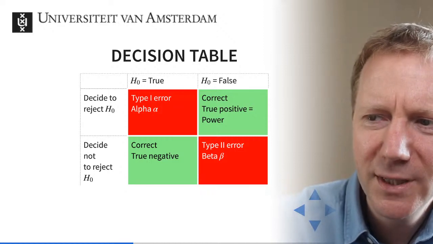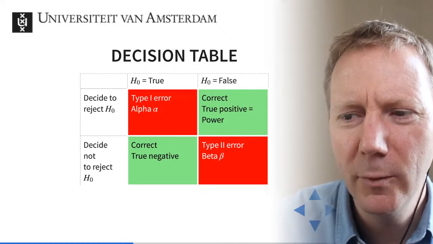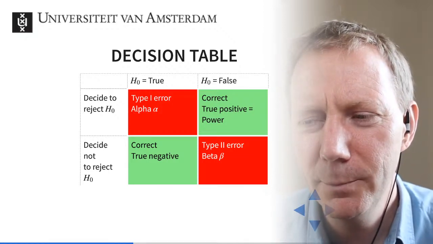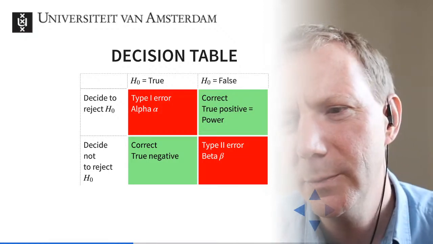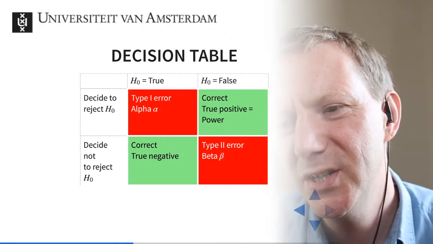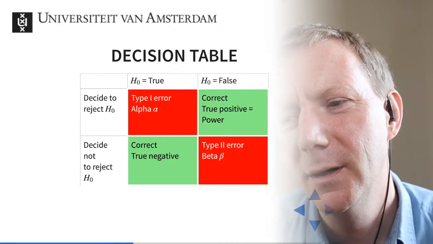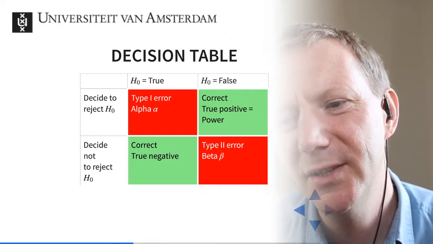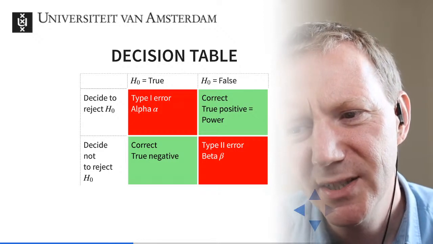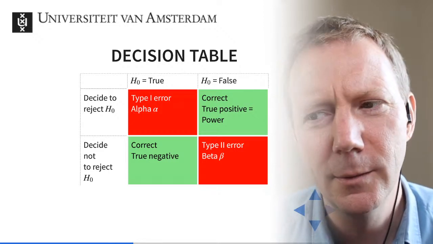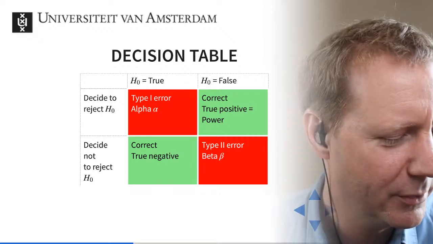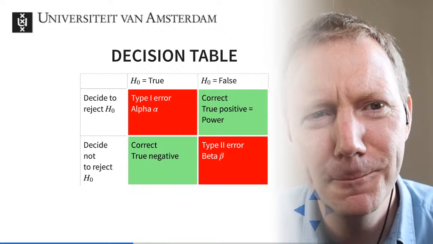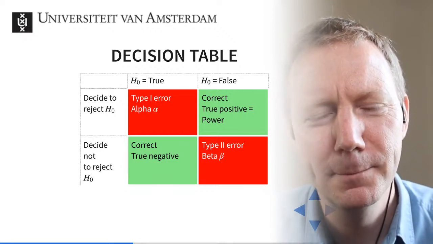So we'll go through this whole decision table one by one to really hit the message home. But try to think of some everyday situations where the null would be true, and I would decide to reject the null. So one of the examples: if I go to the doctor and the doctor says, well, you're pregnant.